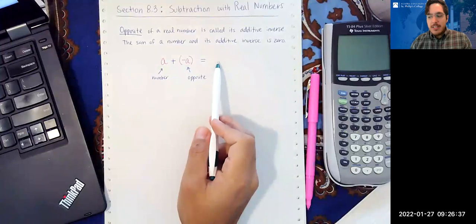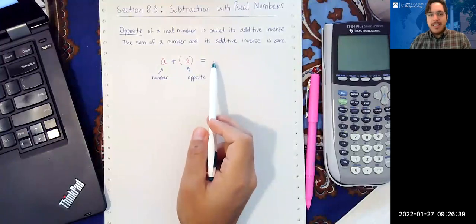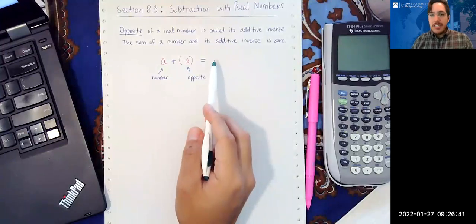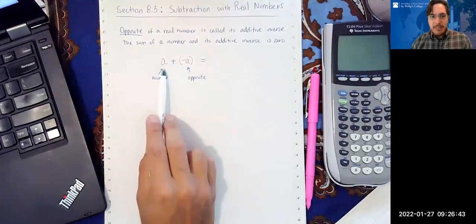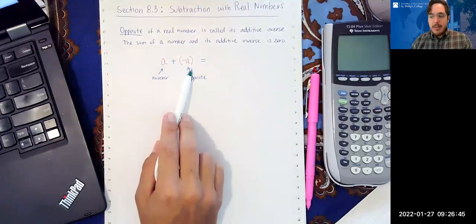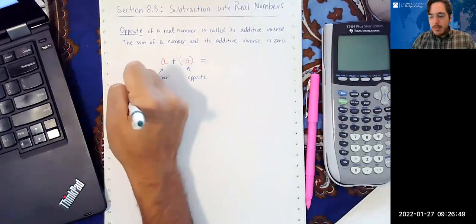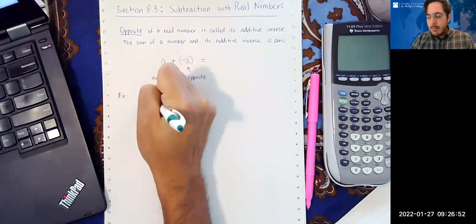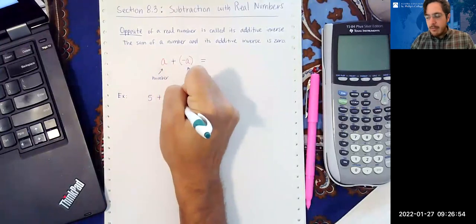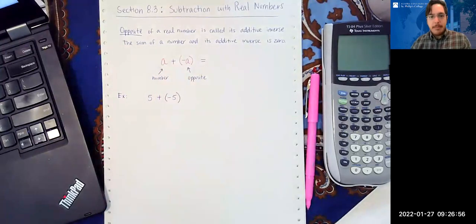Well, let's think about this in concrete terms. Maybe it's a little bit confusing because I haven't given you a number. Let's think about a concrete example, like what do I get if I have 5 plus negative 5, a number and its opposite? Oh, 0.